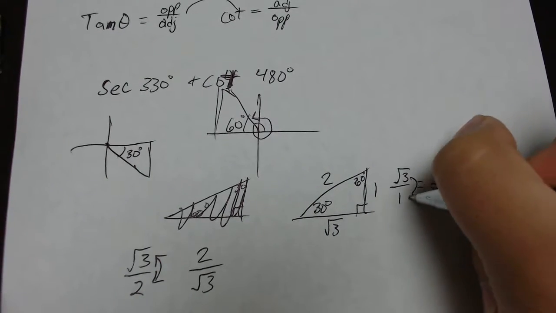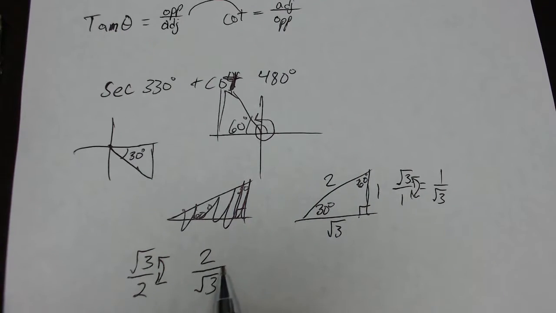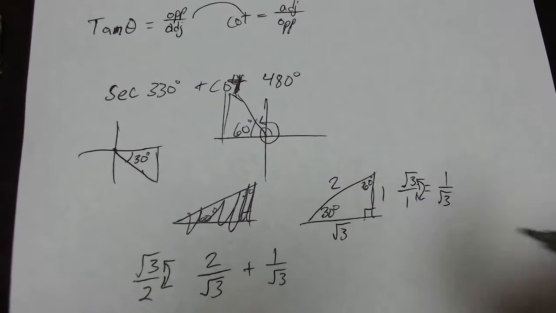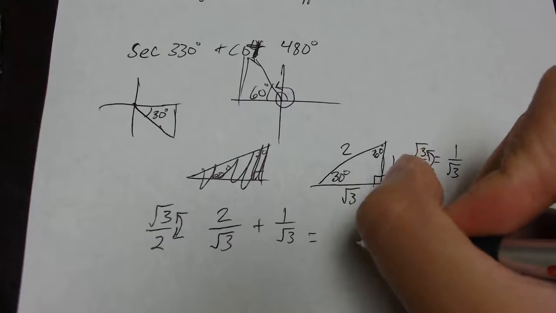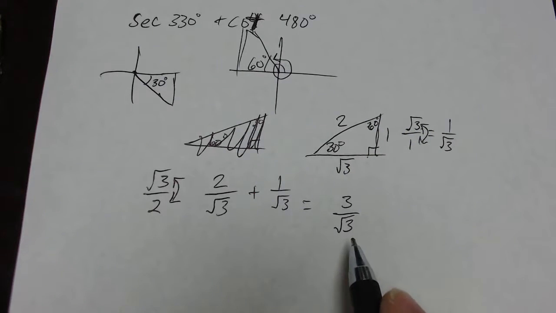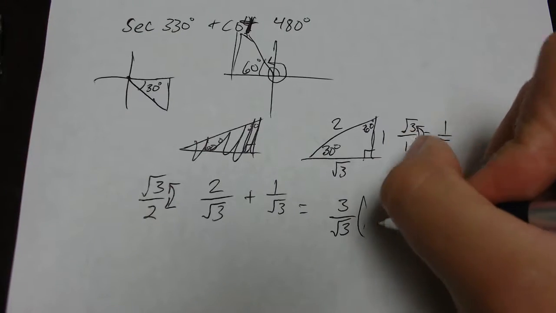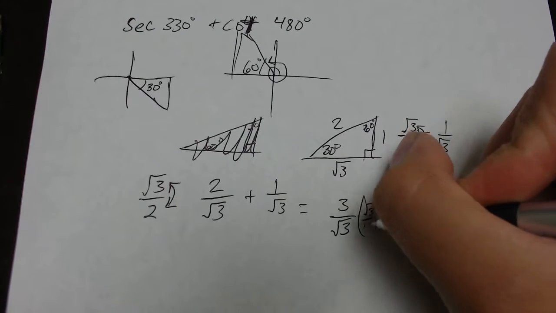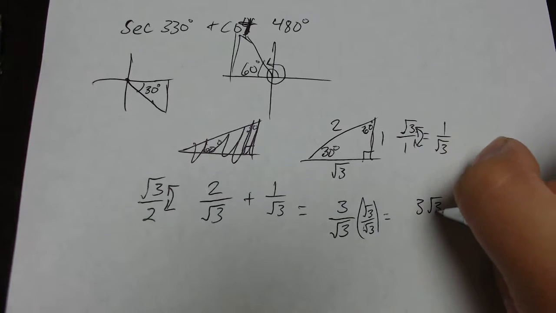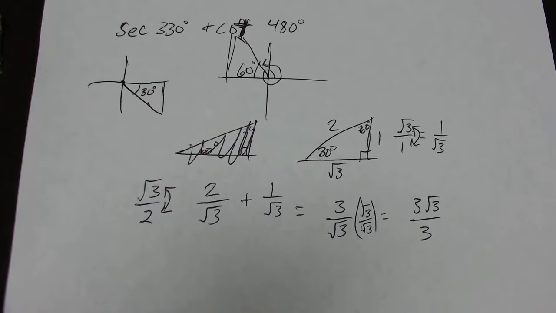So all I'm doing is adding 2 over root 3 plus 1 over root 3. That gives me 3 over root 3. The problem is, though, this is an irrational denominator, so I'll go ahead and rationalize the denominator, which gives me an answer of 3 root 3 over 3.